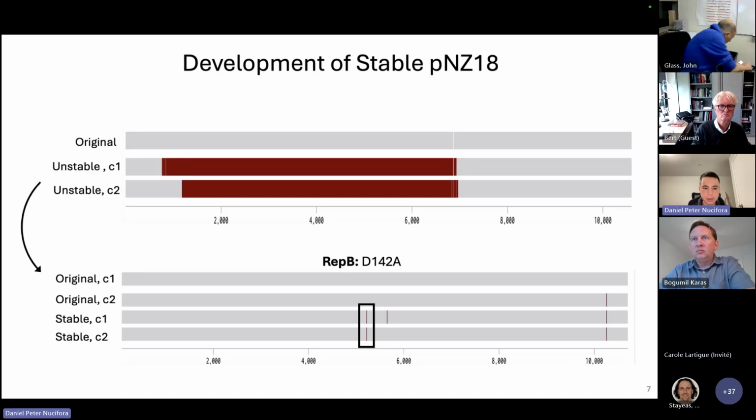It seems that PNZ18 undergoes large rearrangements when we try and clone sequences into it. But since then, I have been able to find a mutation in one of the replication proteins, RepB, which appears to stabilize the plasmid and allows us to use it for cloning of genes.